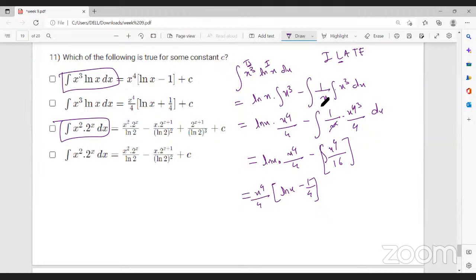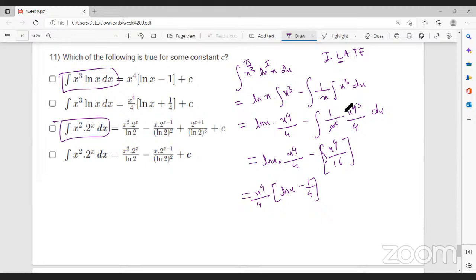Sir, you have integrated ln x. Differentiate ln of x. Sorry, which step? Maybe here, ln x minus 2, x to the power 4.